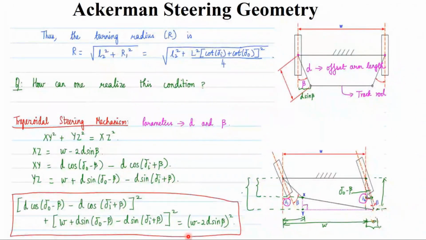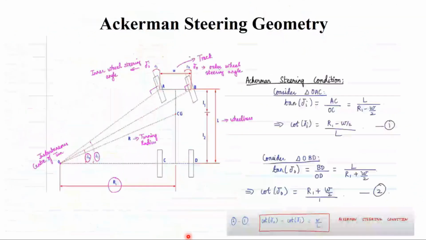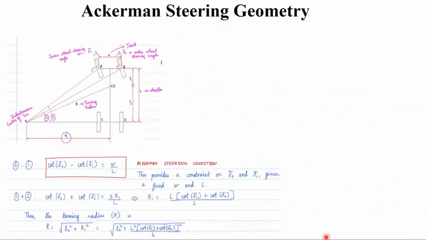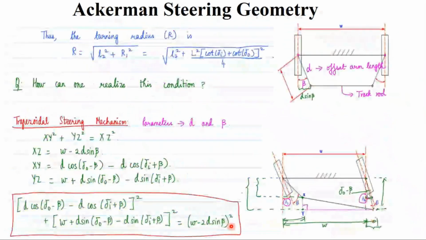I can also correlate this with W by L, or W and L. The equation which governs del O and del I is also to be considered along with these parameters d and beta.